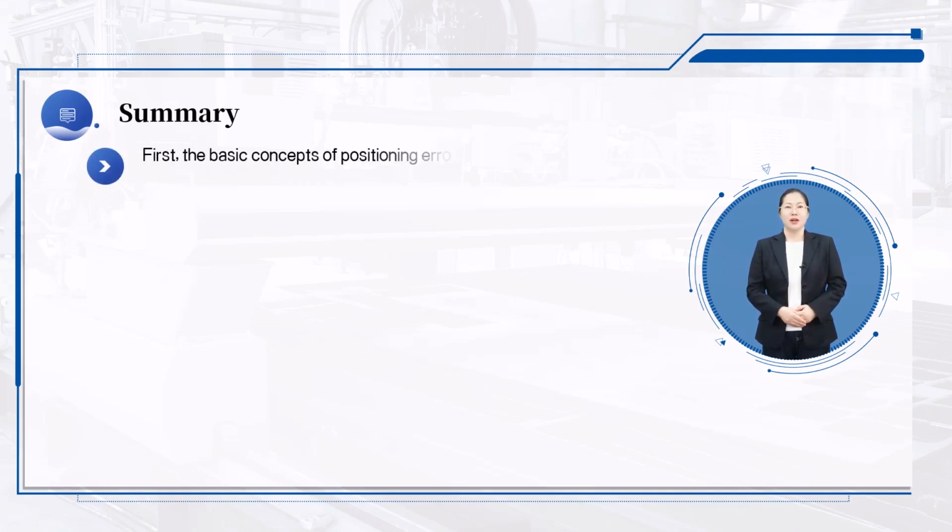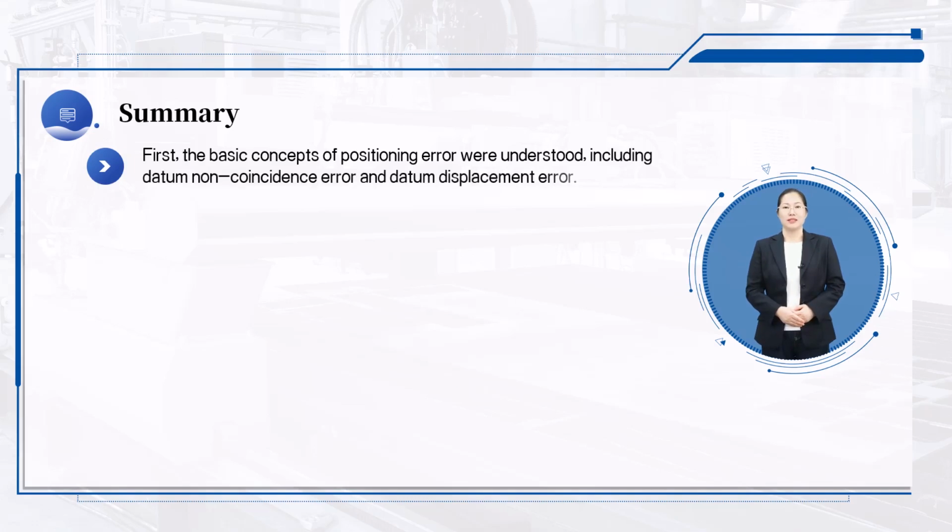First, we learned the basic concepts of positioning error, including datum non-coincidence error and datum displacement error. Datum non-coincidence error arises when the positioning datum does not coincide with the process datum, while datum displacement error is caused by inaccuracies in the manufacturing of the positioning pair, among other reasons.